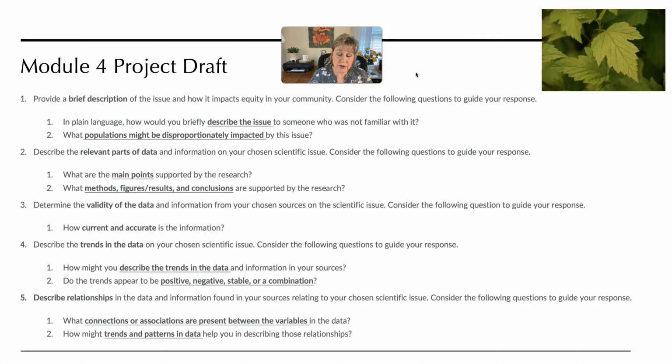So what are the connections between the variables that have been used in these particular experiments? And what are the trends and patterns in the data? Because this is going to tell you what's happening, what you predict to happen in the future. Terribly important. Okay, so that is the Module 4 project draft.